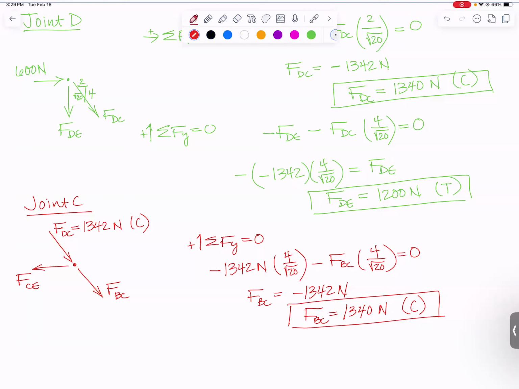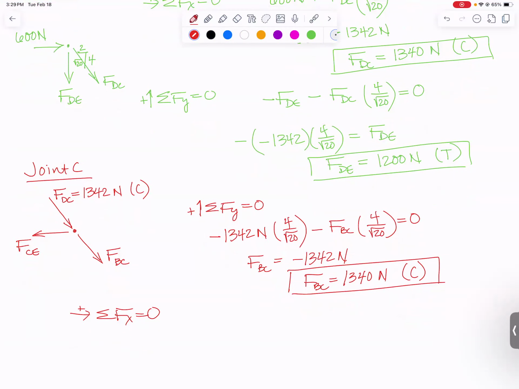If we sum forces in the X direction, look what happens. I've got a component of FDC acting to the right. So that's 1342 times 2 over square root of 20, acting to the right. Then I've got FBC, which is also acting to the right. So I'd call that plus FBC, but for this diagram, I found FBC was actually a minus 1342 times 2 over root 20, right?